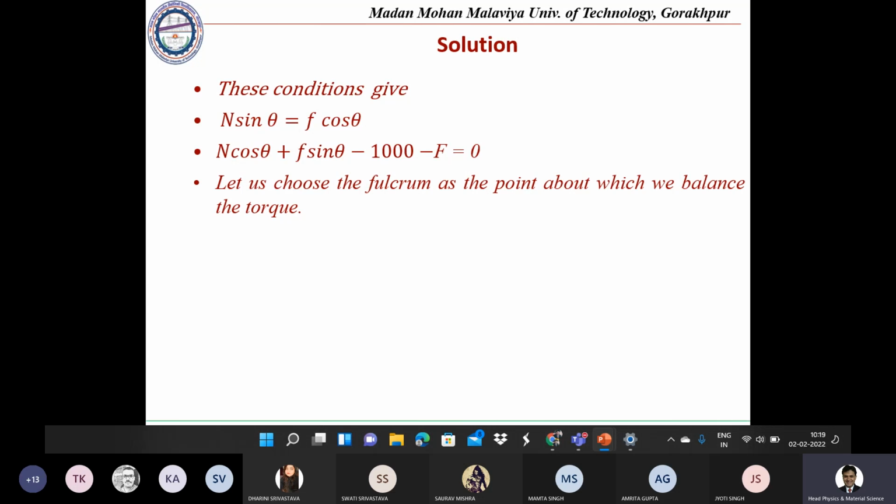So let us choose the fulcrum as the point about which we balance the torque, क्योंकि extended object पे जो condition of equilibrium लेंगे, we also have to take the torque into consideration, and the summation over the torque should be equal to 0.